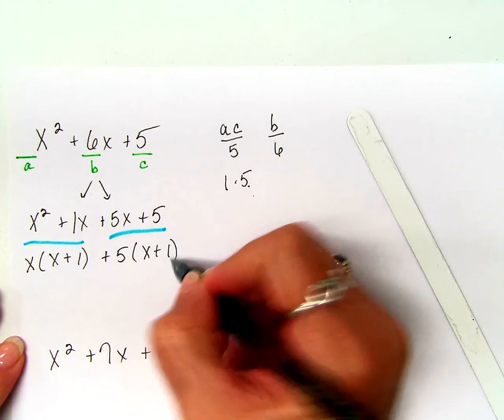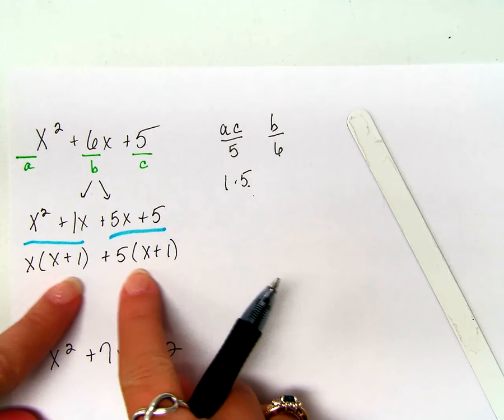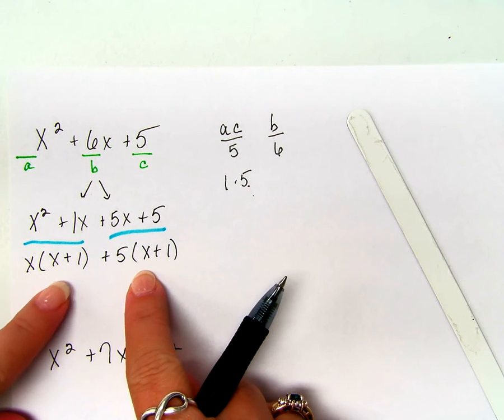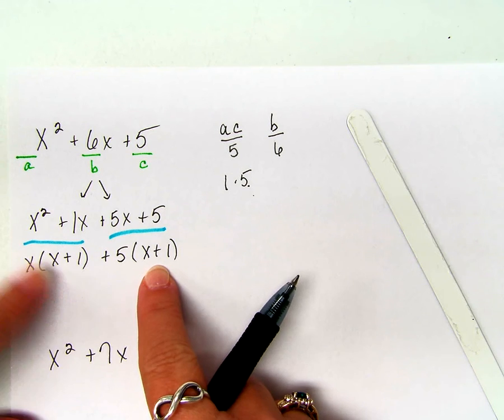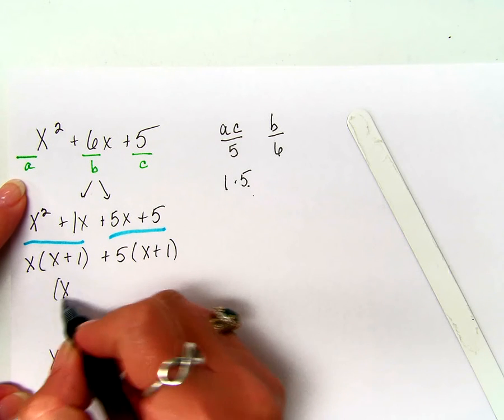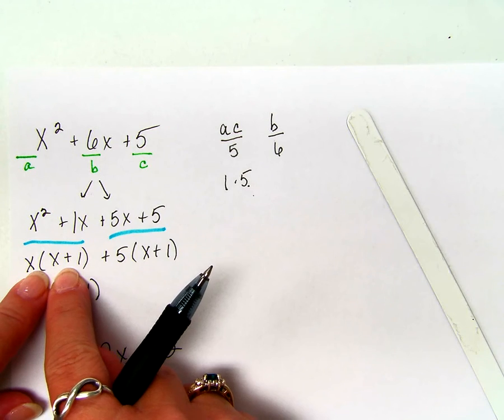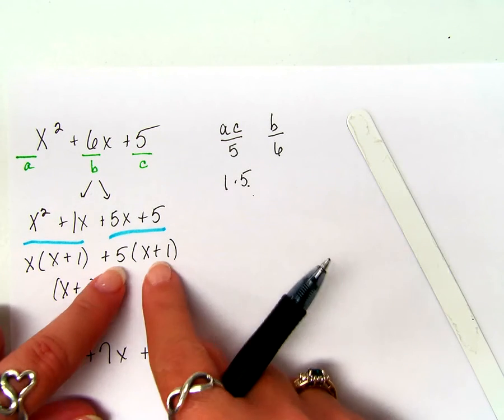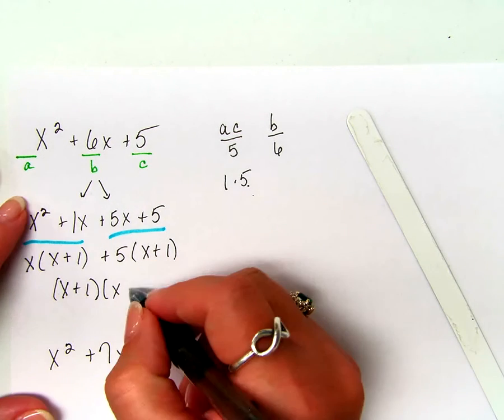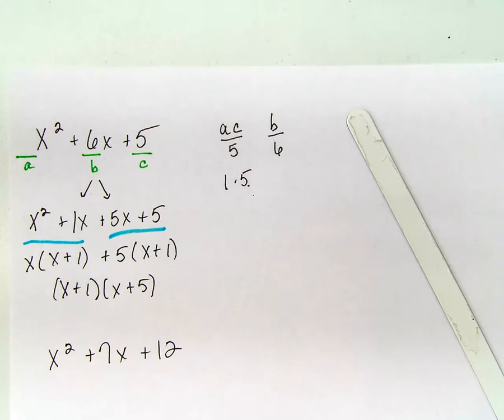X plus 1. Do these two terms have something in common? They both have an X plus 1 factor. So take the X plus 1 out. What's left from this term? X. What's left from this term? 5. Done.